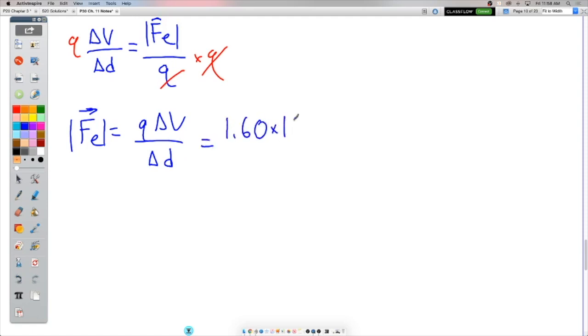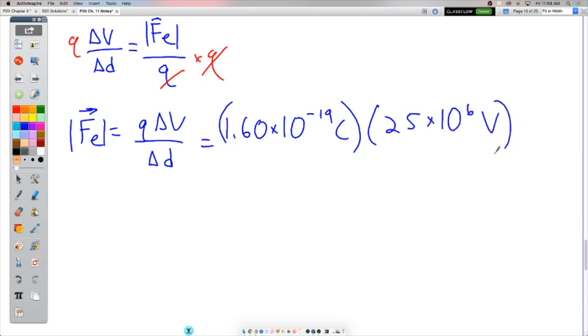We have 1.60 times 10 to the negative 19 coulombs. That's the charge of a proton, which is the same thing as a hydrogen ion once again, times the potential difference, which we were told was 25 million volts, 25 times 10 to the 6 volts, or 25 megavolts, whatever floats your boat, divided by 15 centimeters.